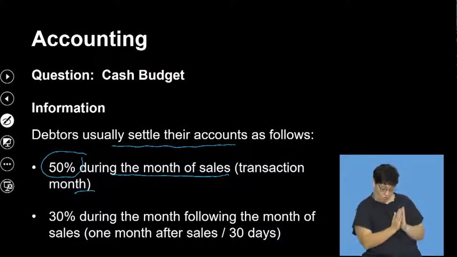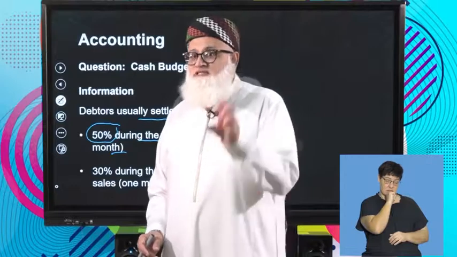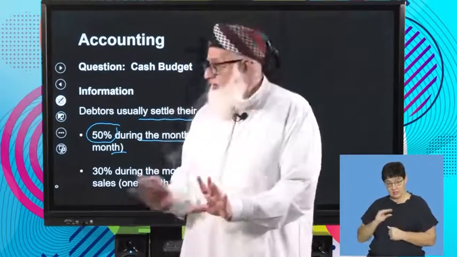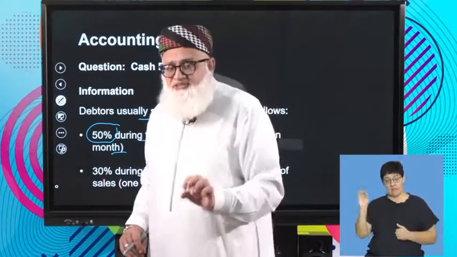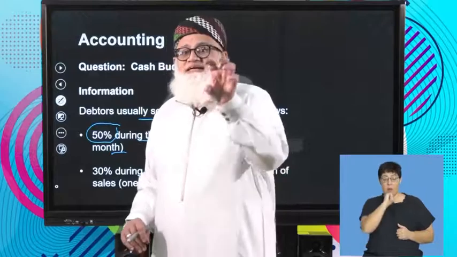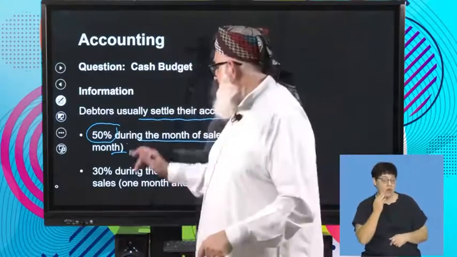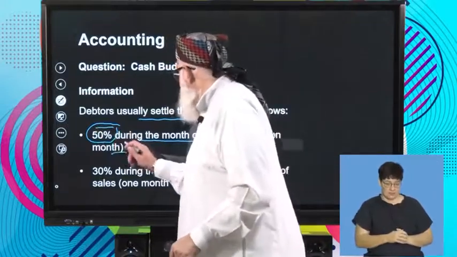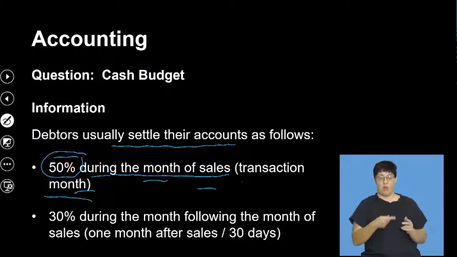So an example of that would be, if you sold goods on credit in August, then you expect, now this is where the challenge comes in. Based on this question here, you expect 50% of the August credit sales to be paid in August. They're telling you that. 50% during the month of sale, normally the transaction month.